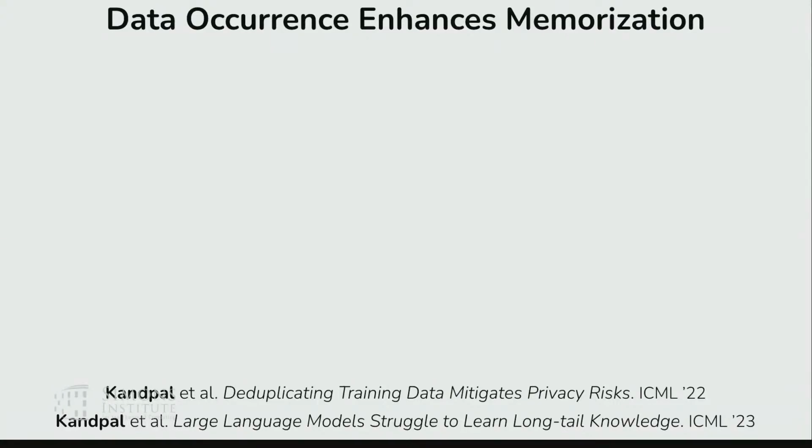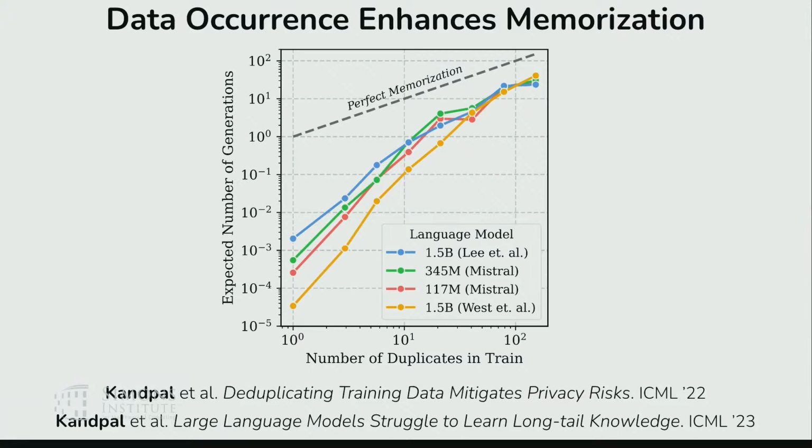And one thing we found is that having just a few duplicates in your data can cause massive increases in memorization. What I'm showing here is, on the x-axis, for a particular n-gram, how many times it shows up in the data. Over here are cases where an n-gram is a singleton, it's unique in the data. Over here are cases where an n-gram shows up on the order of 100 times.